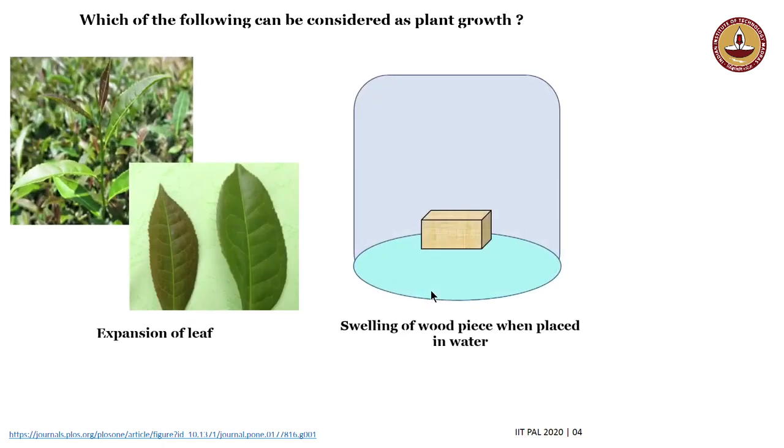Now let us see, which of the following can be considered as plant growth? Can you people make out? Yes. The picture of the leaves and the plant shown on the right hand side of the slide shows expansion of the living matter, which is leaf, while on the left hand side it is swelling of wood piece when placed in water.